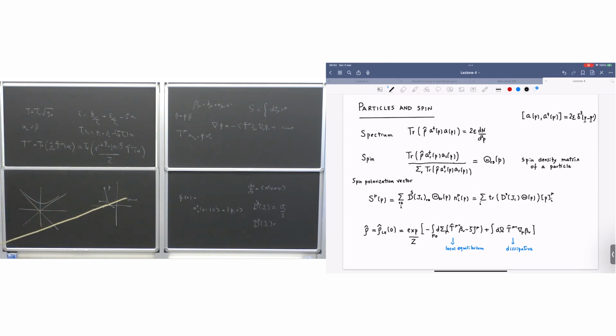And I have shown that in the hydrodynamic regime, this can be transformed into the exponential of the sum of two terms: one is the local equilibrium at the present time, and one is the term including the dissipative correction.